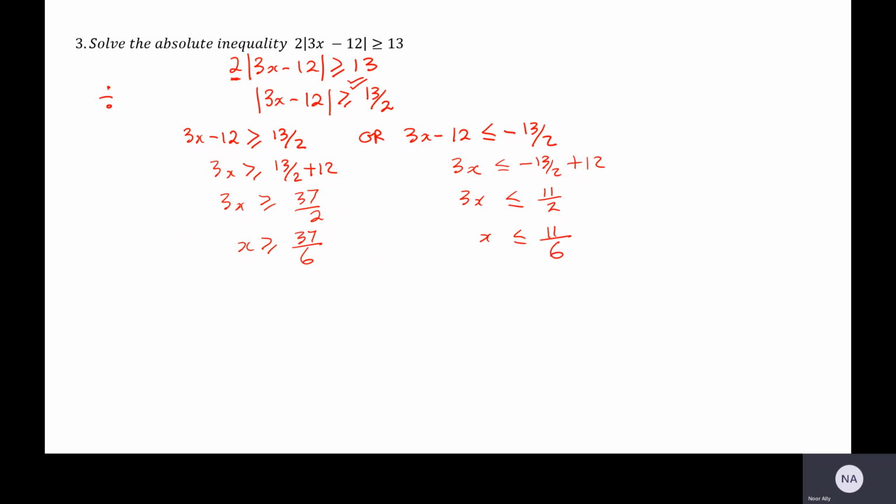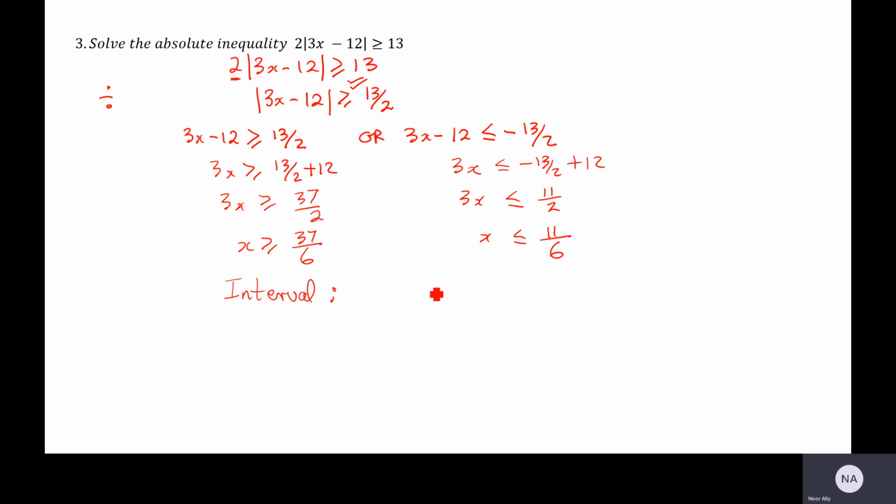Now, what I'd like to do here is to write this in interval notation. We have two values. One is 11 over 6 and one is 37 over 6. Now 11 over 6 is the smaller value.